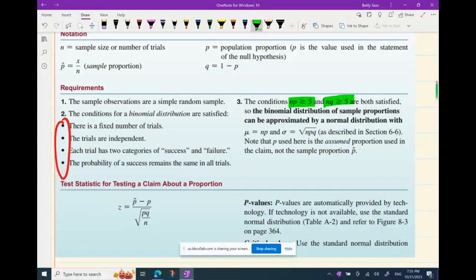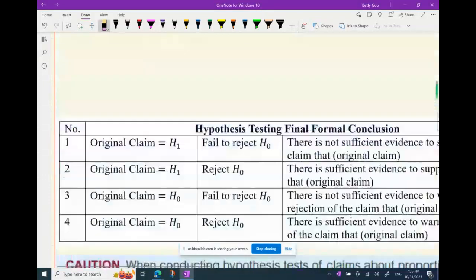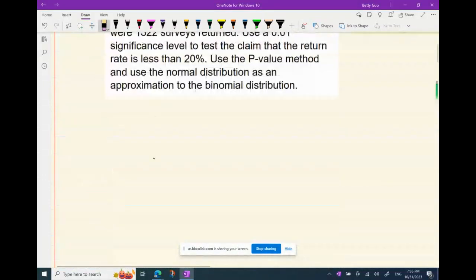The number of successes must be at least 5, and in the same way the number of failures has to be at least 5. When those 2 conditions are met, then we can use the normal distribution to approximate the binomial. Those are the 3 conditions. Technically, we should always go through them to make sure all 3 are met. And let's go to our first example.